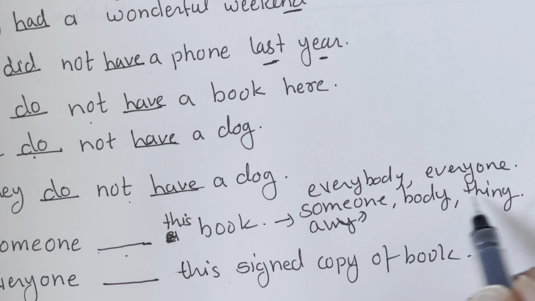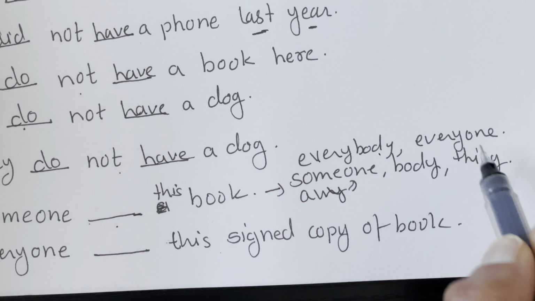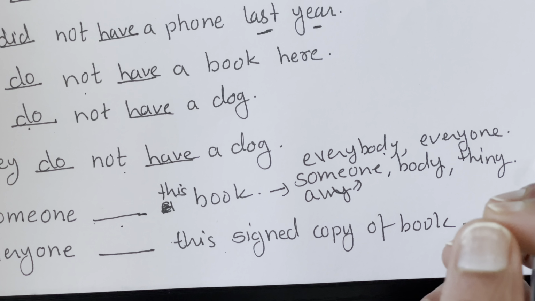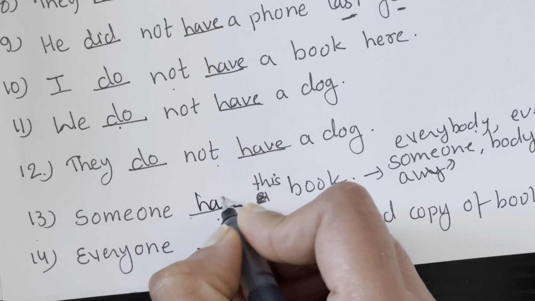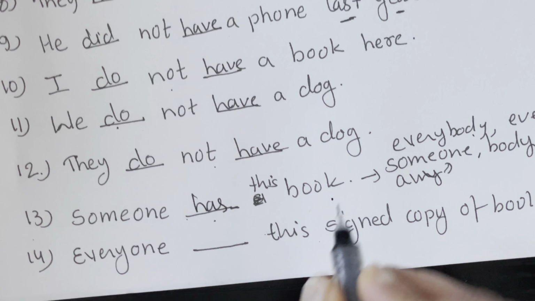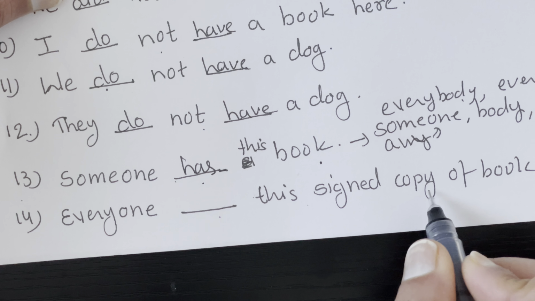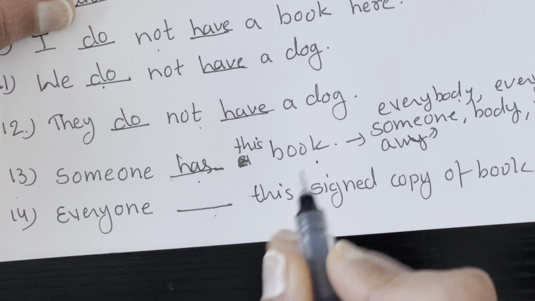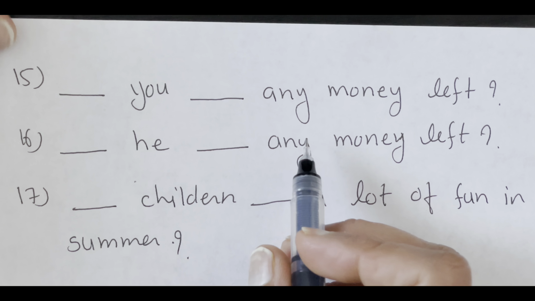These are considered singular nouns. So when you see these words with body, one, thing, you use has. Someone has this book. Everyone blank this signed copy of the book. So everyone has.